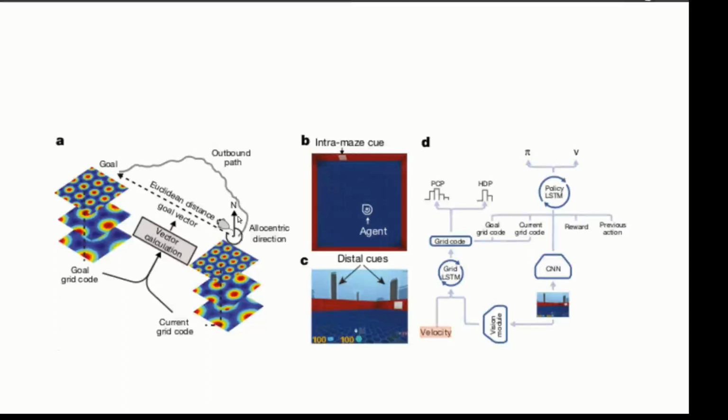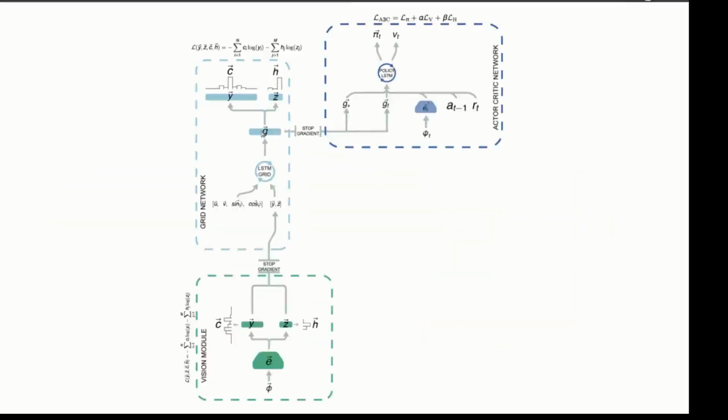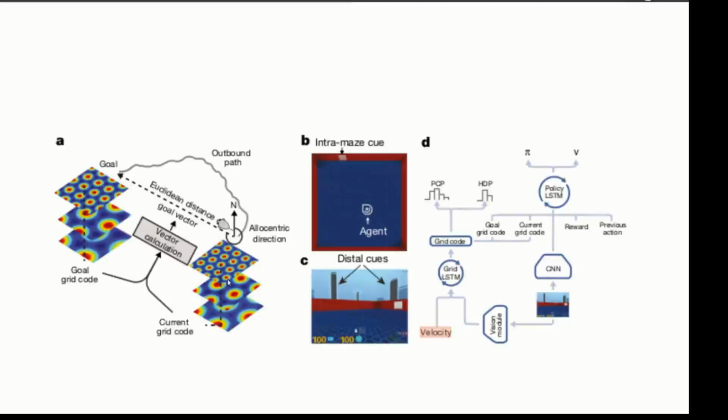And this grid cell representation coming from the grid network enables the agent to have, as you see here, different grid cells at different scales, one for the goal and one for the present, the current position.